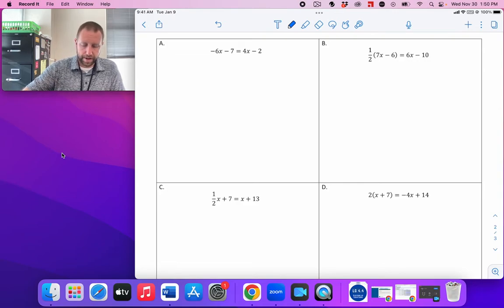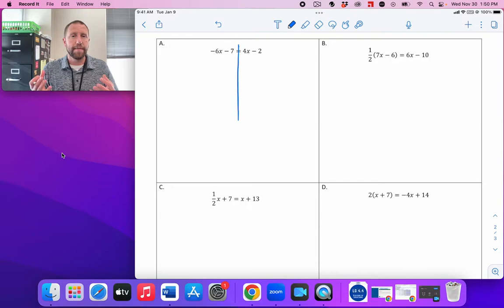All right. For A, I see my equation, I see my equal sign there. I see I have x's on both sides. And I told you yesterday, I like to get rid of the smaller x. We can't have x's on both sides. It's like when we were looking at the hanger diagrams. Can't have squares on both sides. They eventually cancel out because we can take away the same thing from both sides.